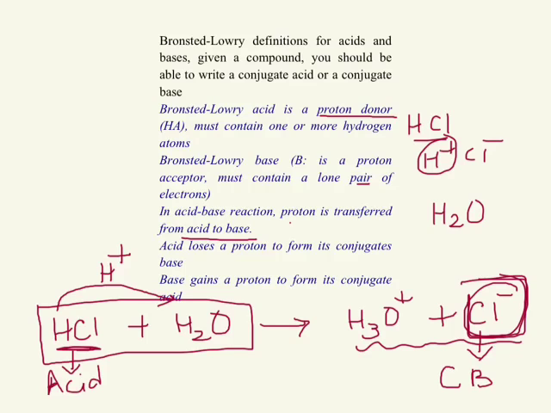If HCl is an acid, that means H2O will be base, but let's see. If you look on the reactant side, we have H2O, but on the product side, we have H3O plus. That means water must be accepting the proton. So you must be adding H plus into that to form H3O plus.